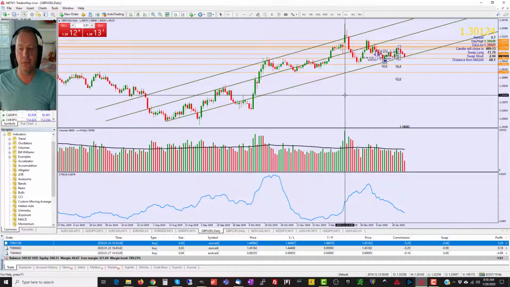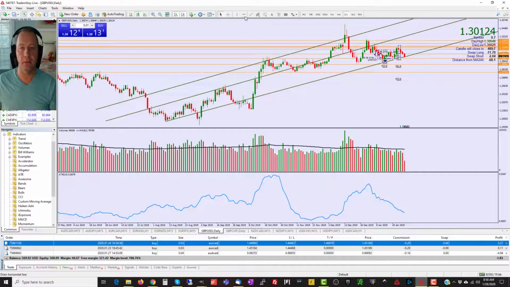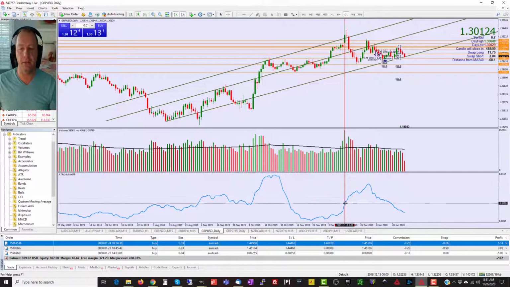So if we say that the ATR at this candle, for instance, right? We'll paint this candle for a second, just so we know where we're at. And the ATR at that candle was 103 pips, meaning it moved an average of 103 pips, right?